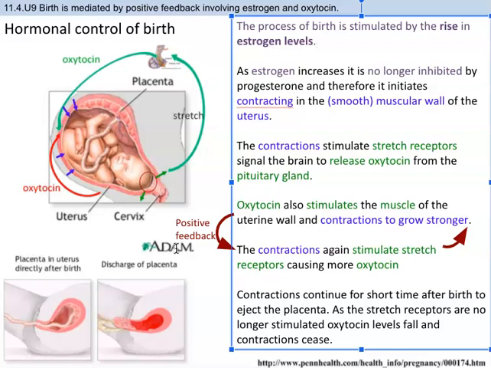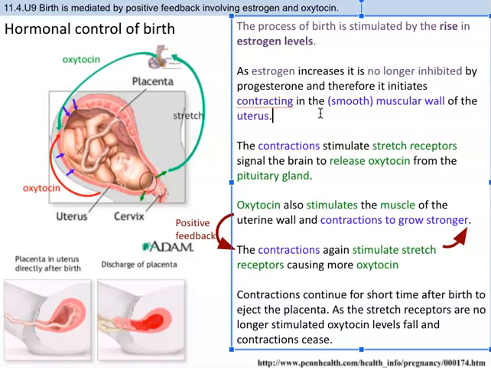The baby is ready. Because the progesterone levels decrease, that actually causes a spike in the estrogen levels. This spike in estrogen levels is allowed because there are lower levels of progesterone being produced. So it initiates the contracting of the muscular wall of the uterus.